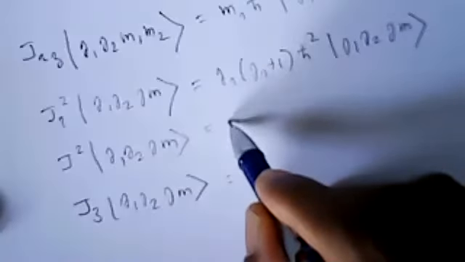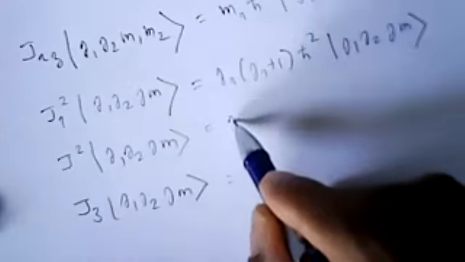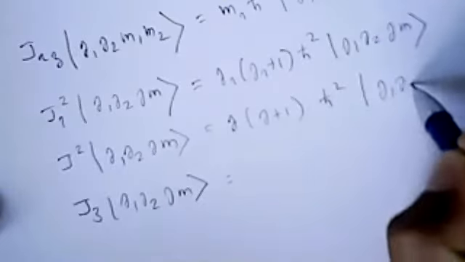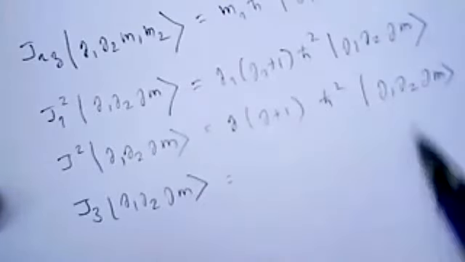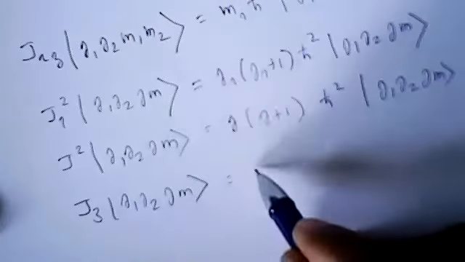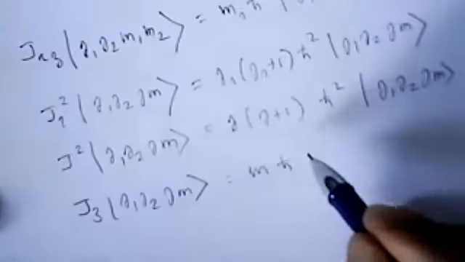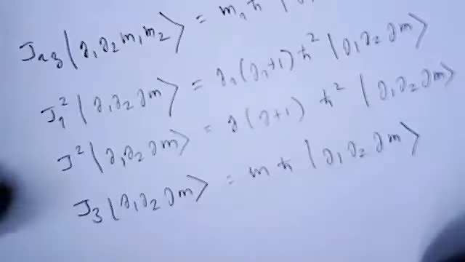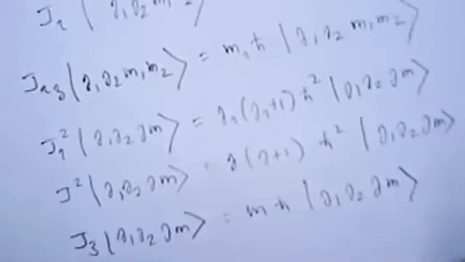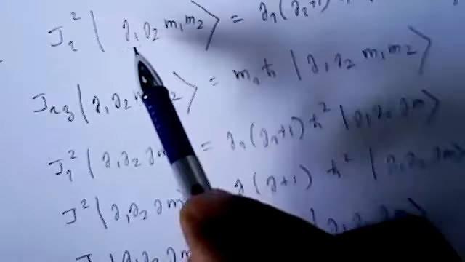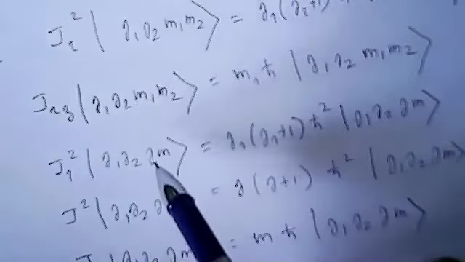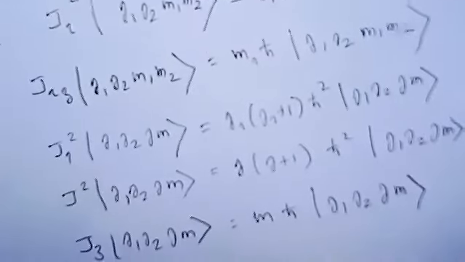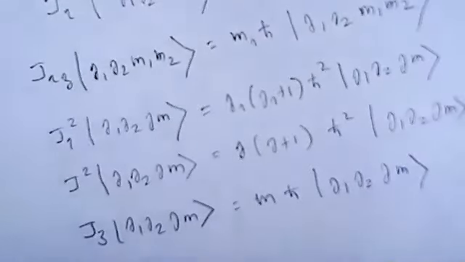The eigenvalue is J(J+1)ħ², times |J1, J2, J, M⟩, same eigenstate. Then Jz gives Mħ times |J1, J2, J, M⟩. So how many equations do we have? This is 2, this is 2, and this is 2 and 2, that is 8 eigenvalue equations.